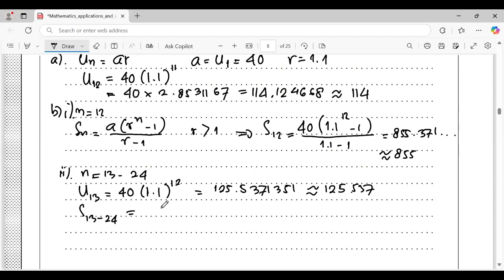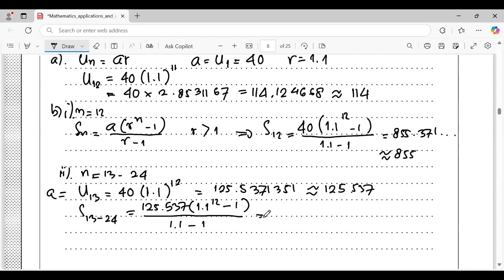It equals A, this one, or U13, 125.537, times 1.1 to the power 12 minus 1, 12 because 12 months, 13 to 24 is 12 months, over 1.1 minus 1.